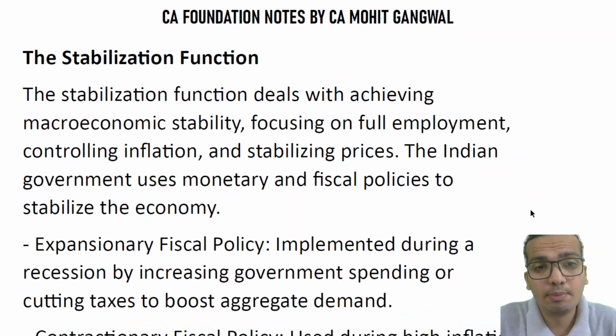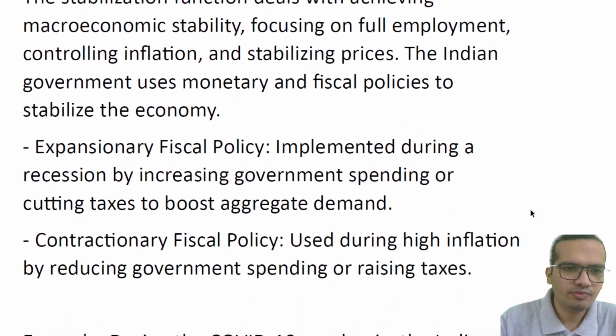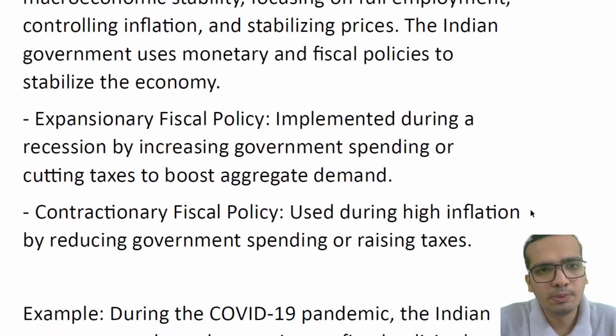Then comes the stabilization function. That's the stabilization function deals with achieving macroeconomic stability, focusing on full employment, controlling inflation, and stabilizing prices. The Indian government uses monetary and fiscal policy to stabilize the economy. Here comes expansionary fiscal policy, that's implemented during a recession by increasing government spending or cutting taxes to boost aggregate demand.